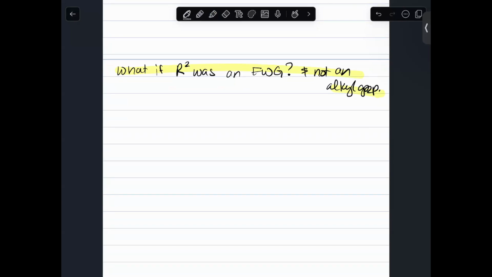So if R2 was an electron withdrawing group, R1 would add to the least substituted carbon.